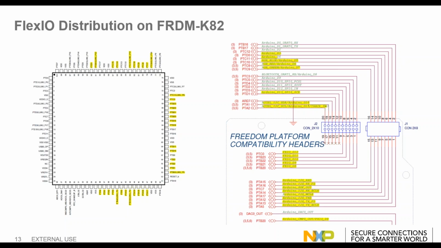And so this gives you some idea of what you can do with the flexibility of the FlexIO. So expanding upon that, I want to give you some picture of where all the FlexIO pins reside. There's up to 32 pins, if you recall. Where do these pins reside on the chip and where do they reside on the board? If you have a look at this slide, on the left-hand side we have a diagram for the 100 LQFP version of the Kinetis K82F MCU.